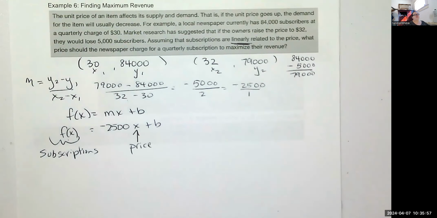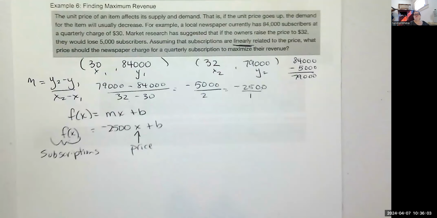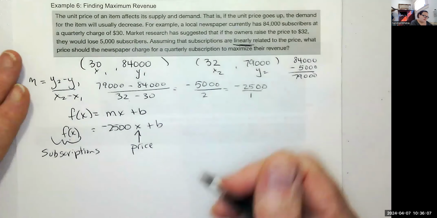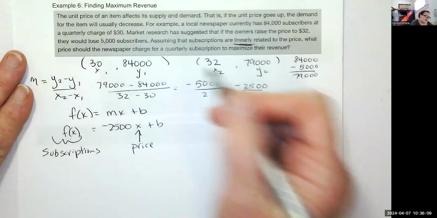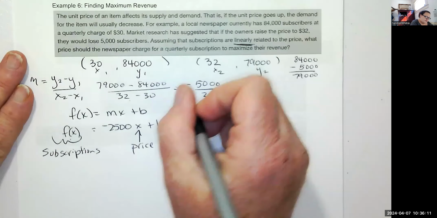All right. So if we're going to do that, we need to find our b. I can do that by using either one of these 2 points and finding my initial value. So I need to go back in and substitute. I'll use x1 and y1 for that.